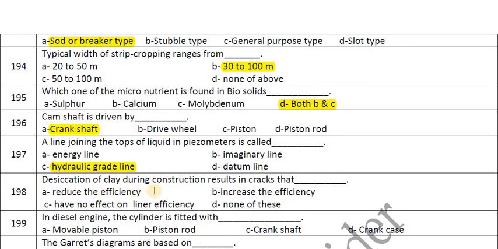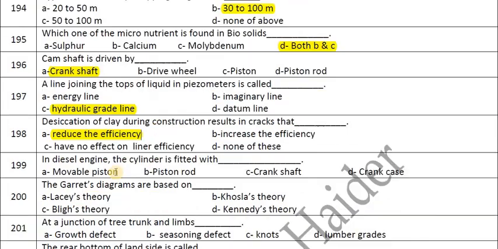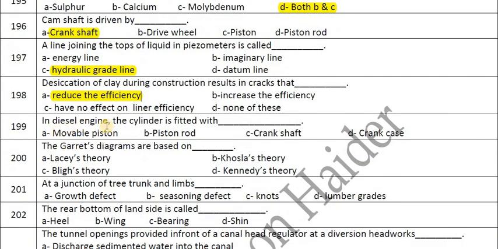Desiccation of clay during construction results in cracks that reduce the efficiency. In diesel engine, the cylinder is fitted with movable piston. The Garrett's diagrams are based on Kennedy's theory.